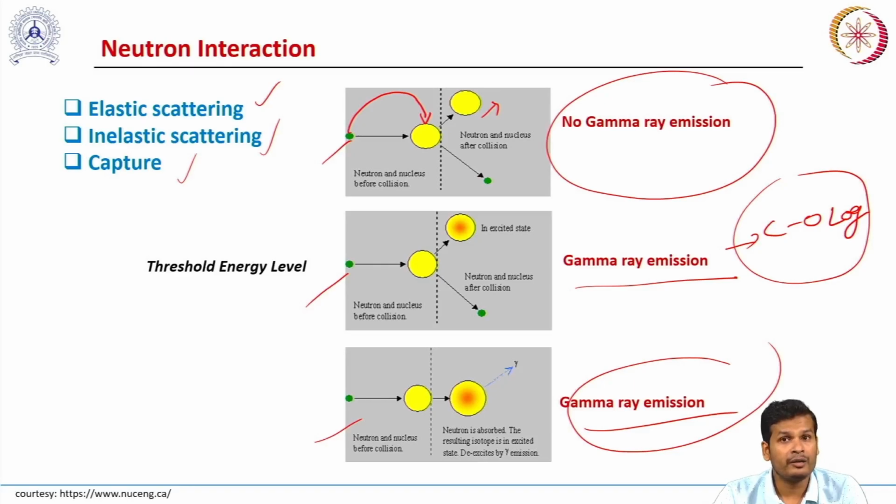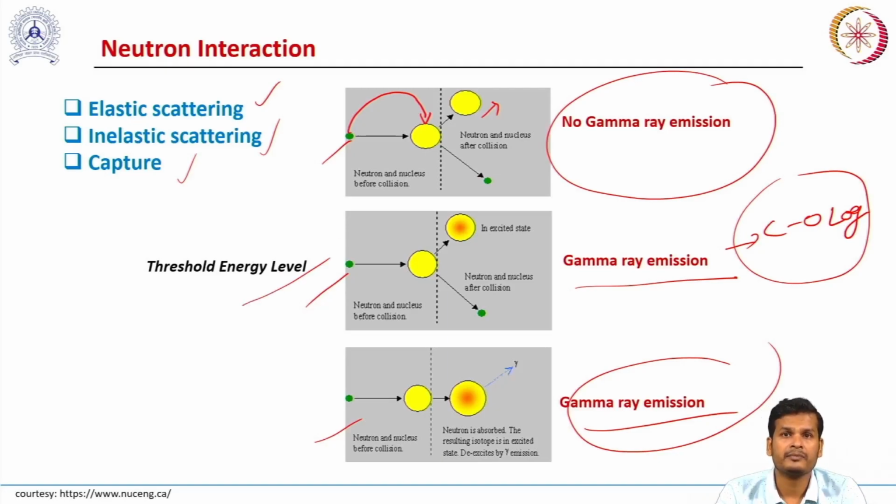To remain stable, it will go back to the ground state by releasing a gamma ray. So in inelastic scattering, a gamma ray is emitted. Why? Because when the neutron collides with the nucleus, it transfers some of the energy to the nucleus, which excites the nucleus, and to remain stable, it comes back to the ground state and releases a gamma ray.